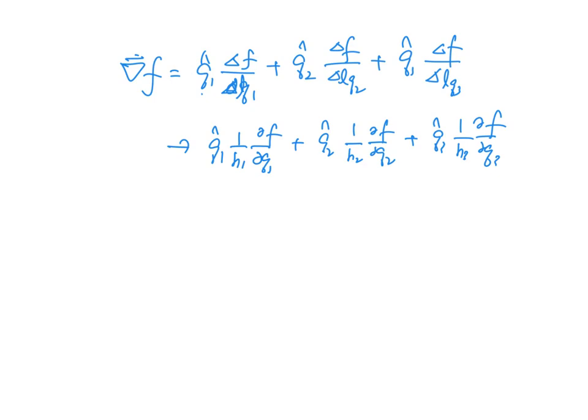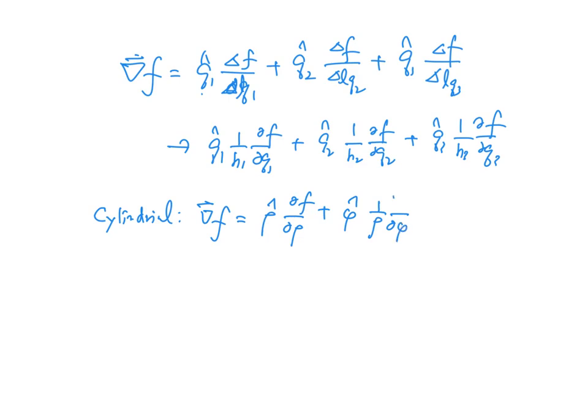So in cylindrical coordinates, the gradient of f is the rho direction, partial f over partial rho, the phi direction, 1 over rho partial f over partial phi, and the z direction, partial f over partial z.